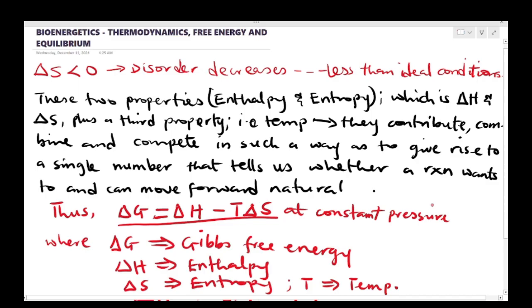Great. So important, this relationship. In our next page, we'll begin to look at how this relationship works.